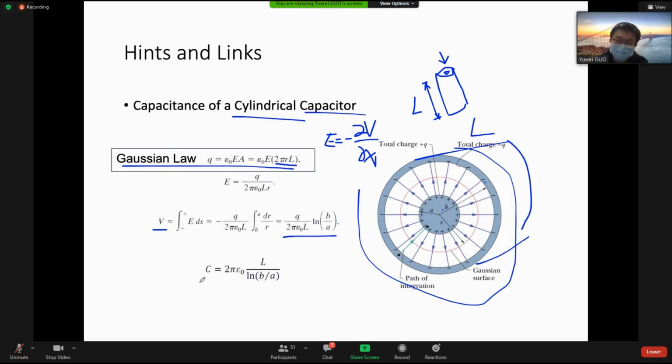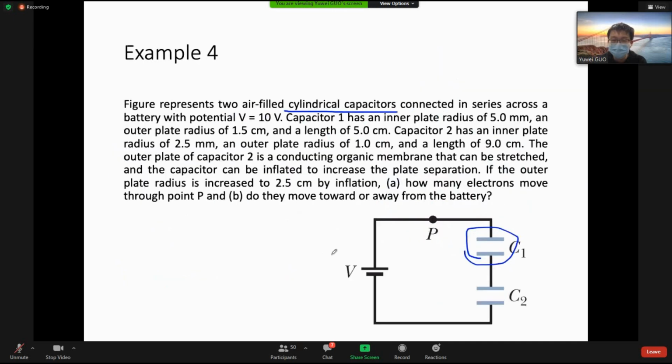So with this equation, and we have known that the capacitance can be expressed as the charge Q over V. So the capacitance can be expressed as this. So we have got the expression of the capacitance of C1 and C2.